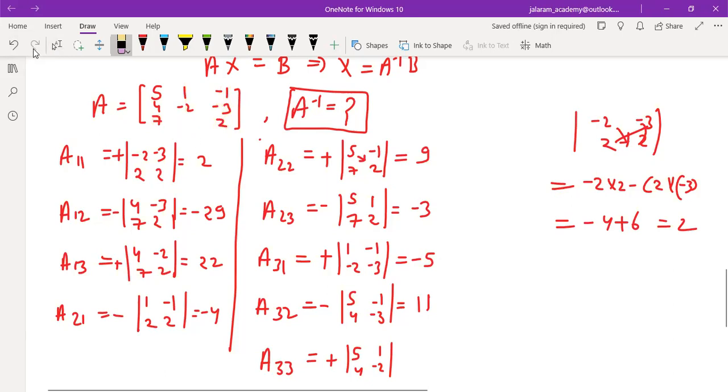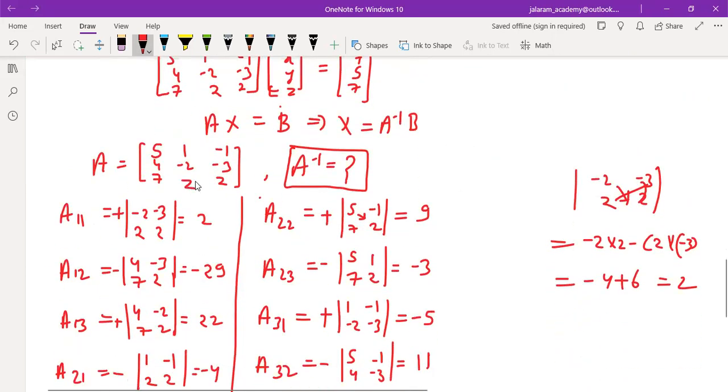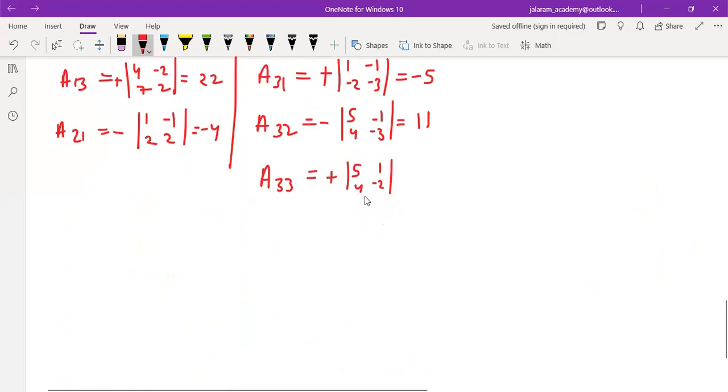This is how we can find the determinant. Minus 10 minus 4 is minus 40.